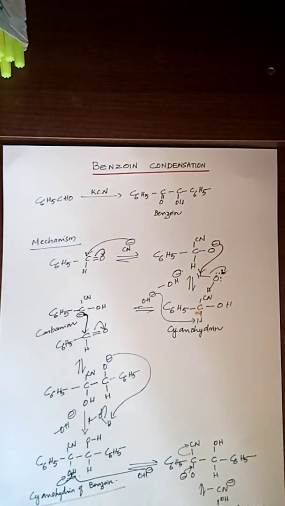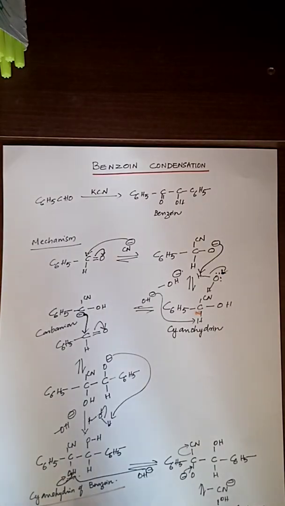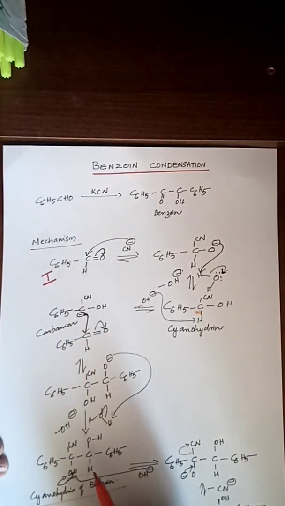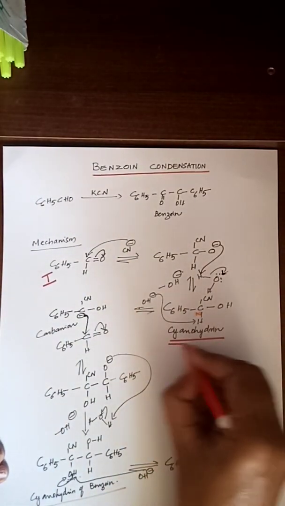So what is the first step here? The first step is the addition of CN minus to the aldehyde, which forms cyanohydrin.